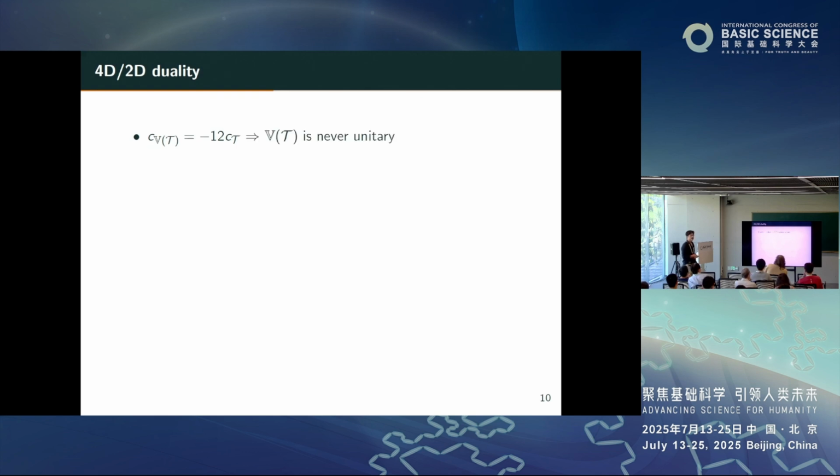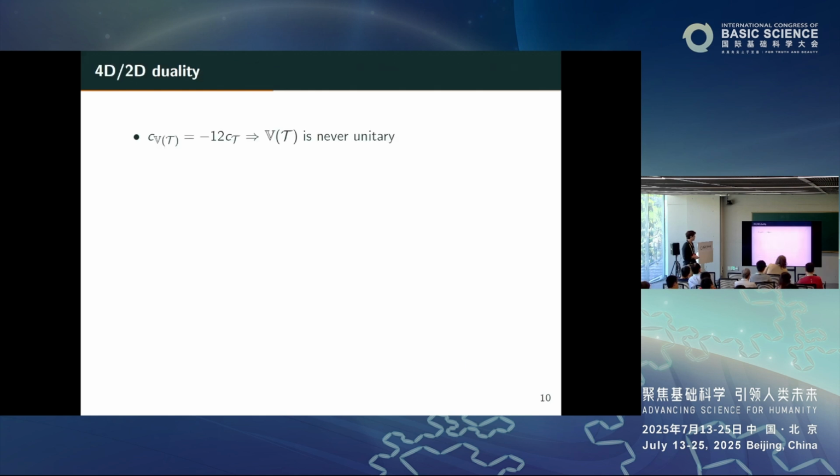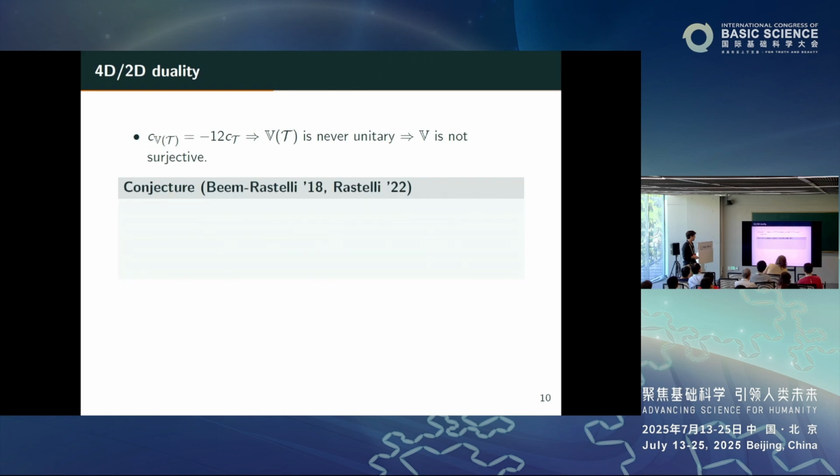So the vertex algebra that comes from 4D is never unitary. This is weird, and it means that this map is not surjective. This goes from 4D to 2D theory, so you might think this loses a lot of information, but what is expected now is that in fact it doesn't.